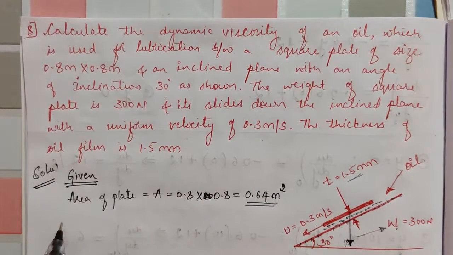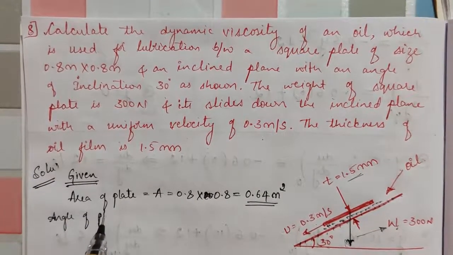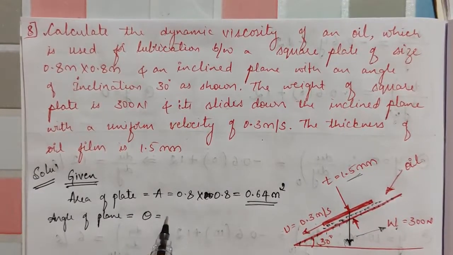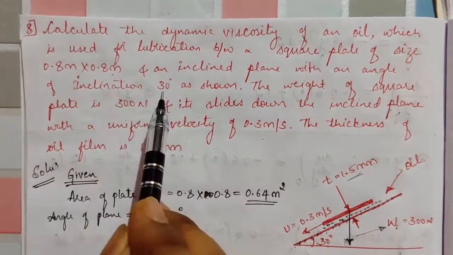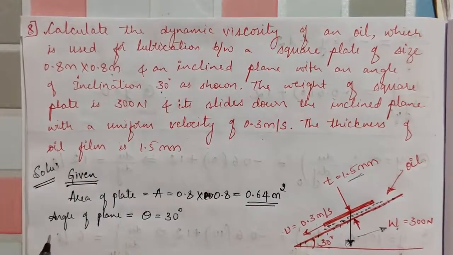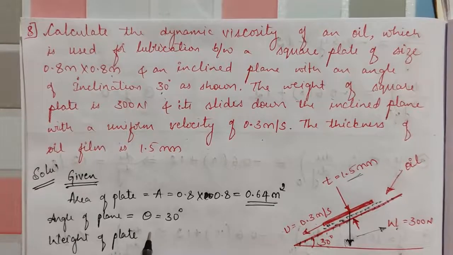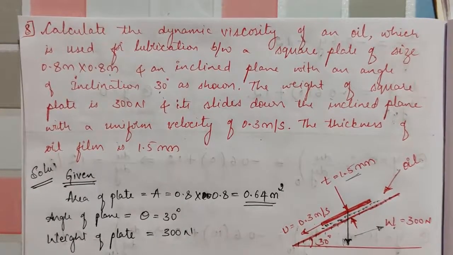Then angle of the plane. Angle of plane is nothing but the inclination; I'll take it as theta, that is 30 degree. Next, weight of plate, how much? 300 Newton.